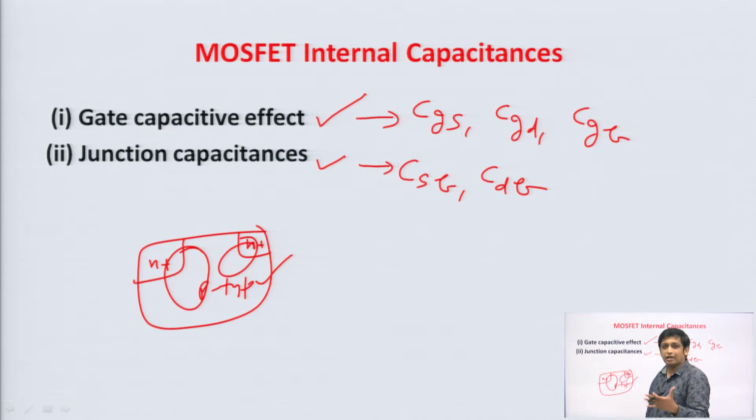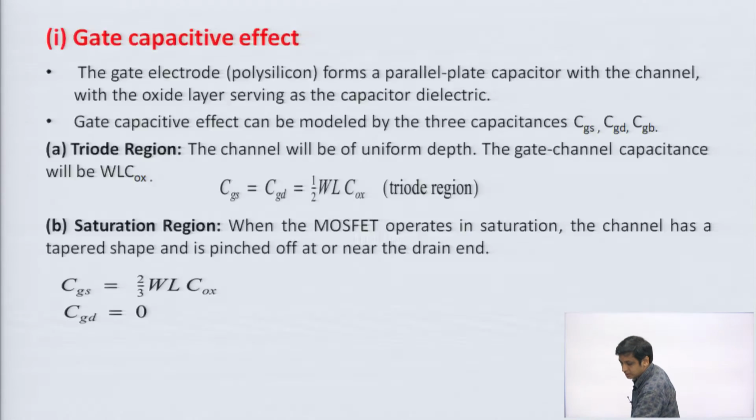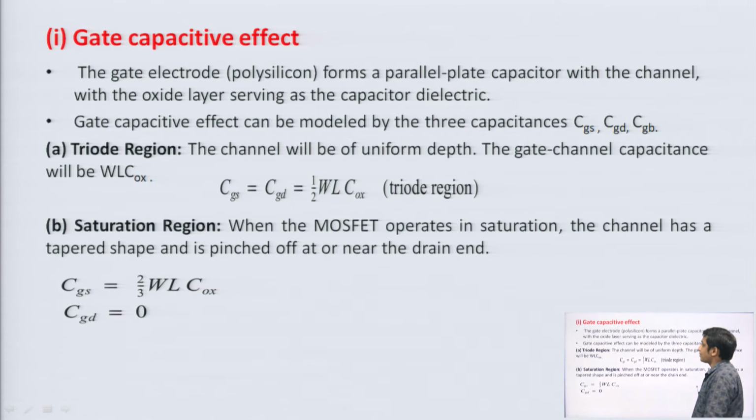Let us quickly review the values of these capacitances first, starting with the gate capacitive effect. These capacitors are formed, as we know from the devices part which we have studied, due to the formation of the gate electrode.